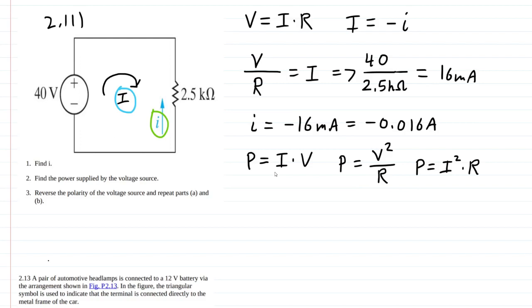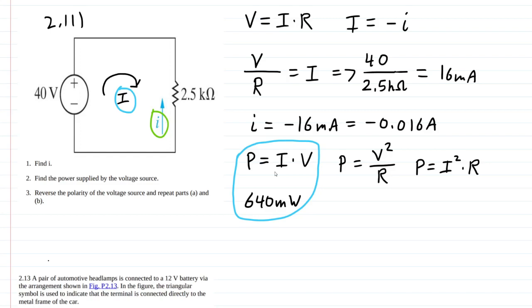So P equals I times V. We're going to do 16 milliamps times 40 volts, which is 640 milliwatts. That's what we get when we multiply 0.016 times the V. And it has to be positive, even though the little I is negative here.